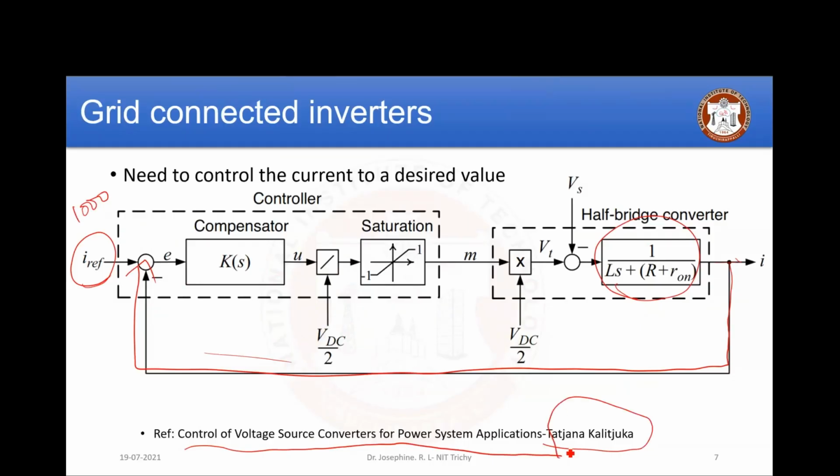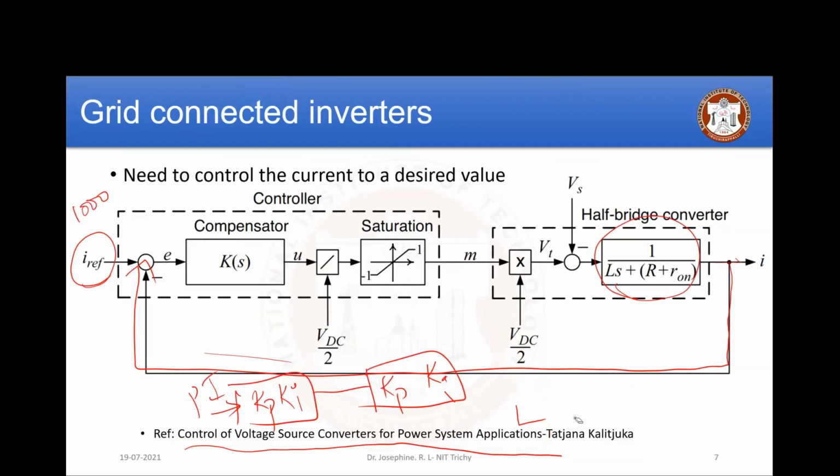If you have cascaded networks, suppose you may have the voltage control and current control. In this one, the tuned values KP, KI, those direct equations are there in this textbook. You can see this textbook and you can get those values. But in the same textbook, this is the beginning part, so I'm just taking that reference and explaining it to you.